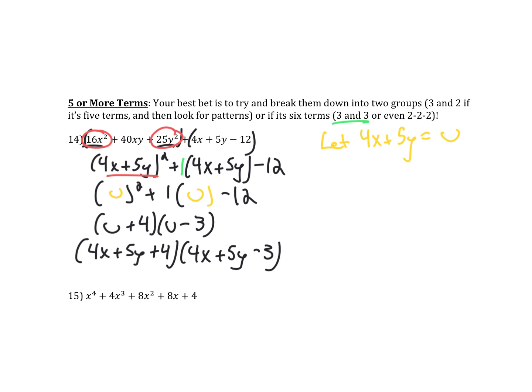So there's a really good example of something with 4 or more terms, in this case 5 terms. All right, so for your homework here, have some patience with yourself on these 5 or more term ones. We'll do some more review with them next class, but I just want to give you an intro there.